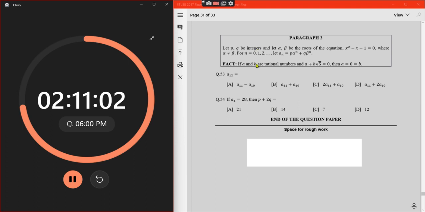P and Q are equal. So you can do the same, which means alpha plus beta happens to be 1. So this is just 3P. Call Q as P. What does it become? Divide by 2. You just get 3 times P plus 4P, because that's what it is. That's equal to 28, which means 7P, so P equal to 4. Awesome. So P plus 2Q gives us 3 times that, 12. So that's D. D for 54.